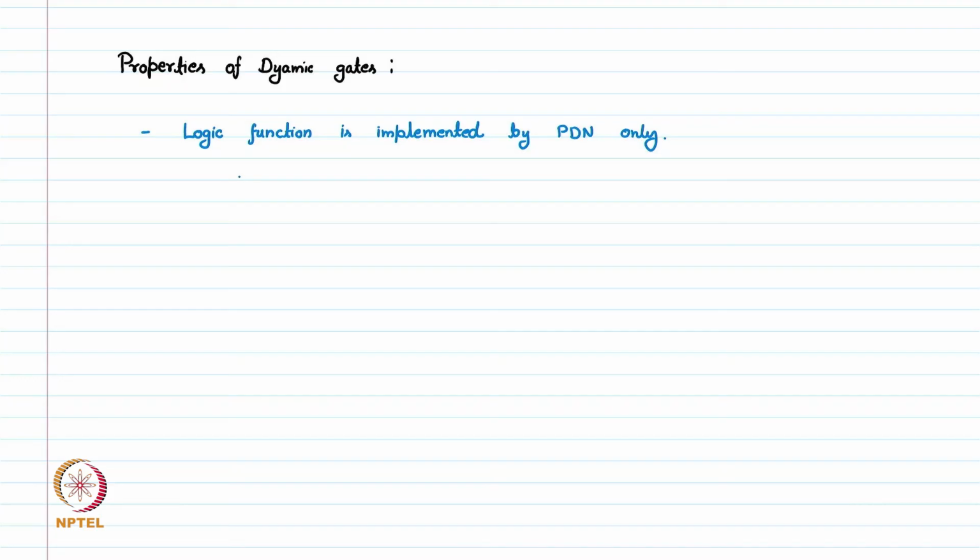It means we need only n plus 2 transistors, where n is the number of inputs coming in, which is compared to 2n, which is needed for static CMOS logic gates.